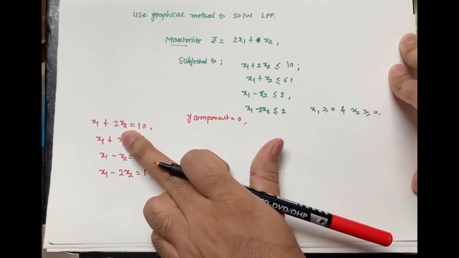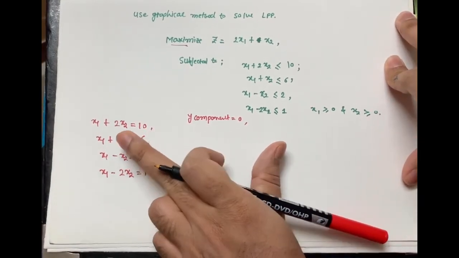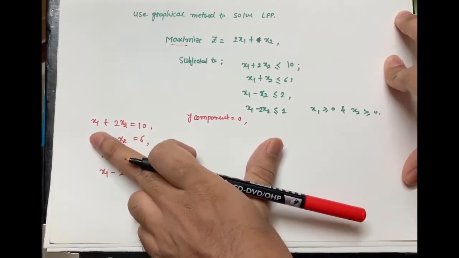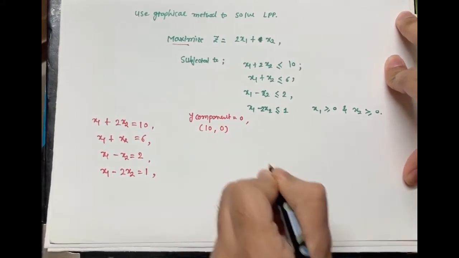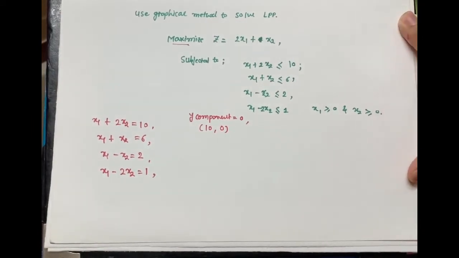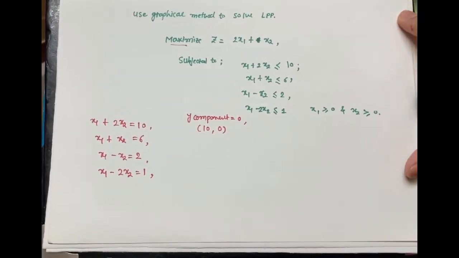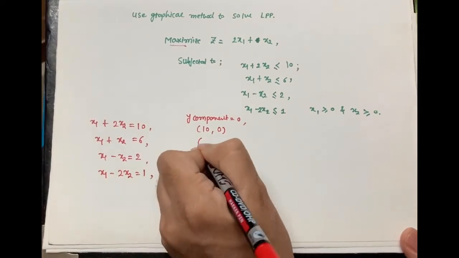So if x2 is 0, the intersection of the first line, x1 plus 2x2 equals 10, gives x1 equals 10, so the point is 10, 0. Second, x1 plus x2 equals 6, hence it is 6, 0.